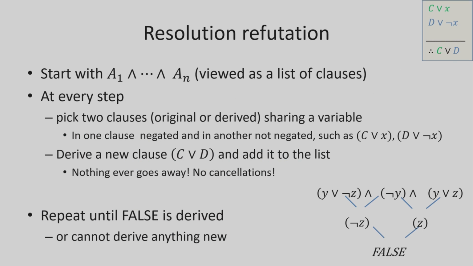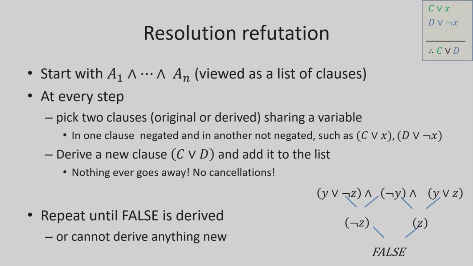So here's how we are doing a resolution refutation. We start with a list of clauses or an AND of those clauses. And at every step of the refutation, we pick two clauses such that for some variable, one of those clauses has this variable, and another one has its negation. And then you derive a new clause, C or D, by using the resolution rule. And when you do it, you add this new clause to the list of the clauses that you already have.